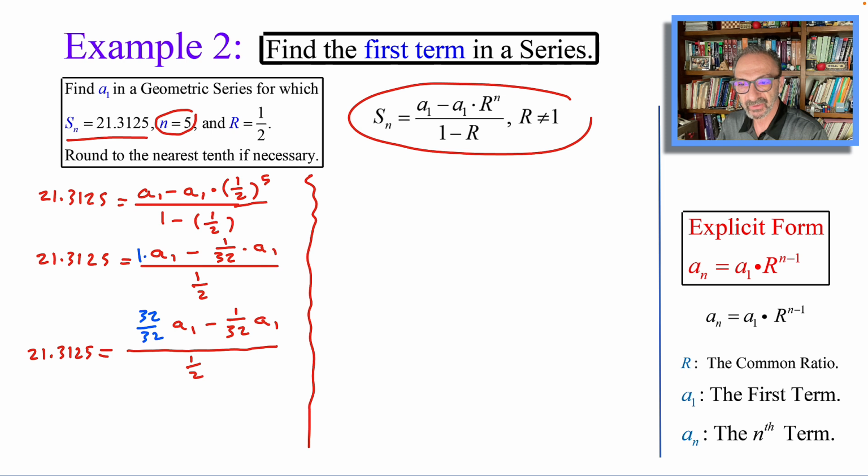Now I do have a common denominator on the top in the numerator right here, so I could combine them. 32 over 32 minus 1 over 32 will be 31 over 32. So what I have on top is the following. Let's make this clear as a fraction.